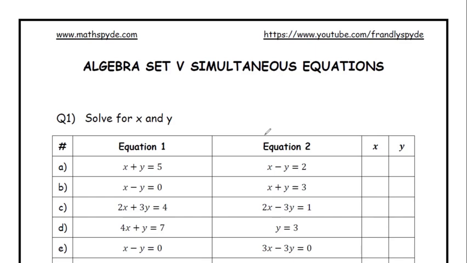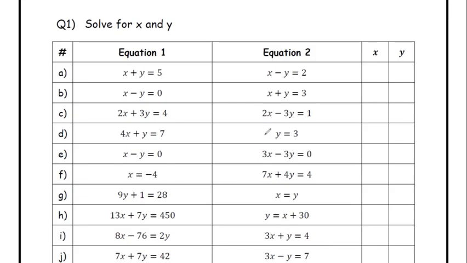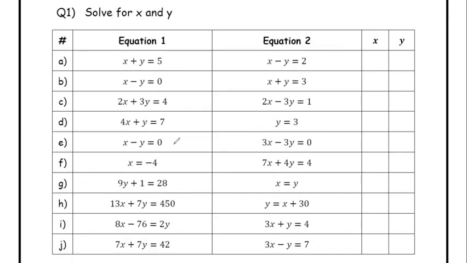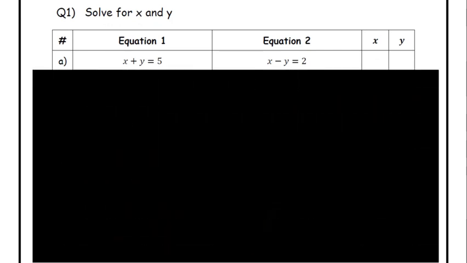I'll be doing both the methods, substitution and elimination, yeah? So let's look at the first equation. I'll use the substitution method first, short form sub, and then the elimination method.